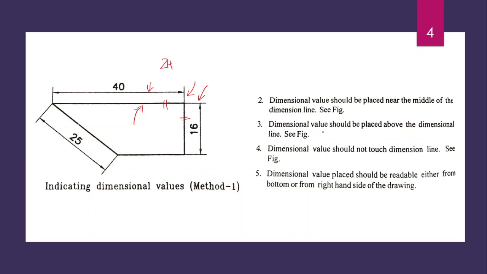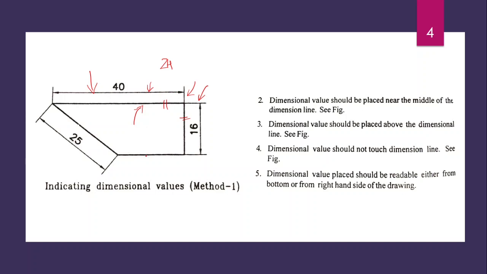The third point is that dimensional values should be placed above the dimension line. For representing horizontal edges, the dimensional values are always above the dimension line.